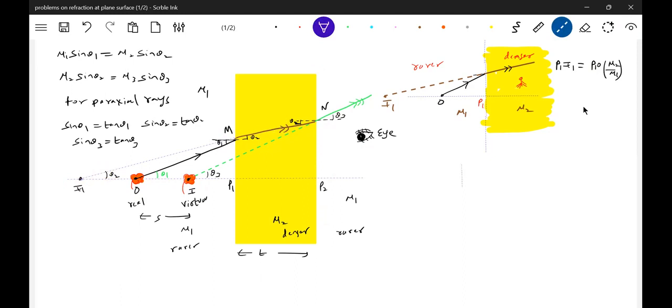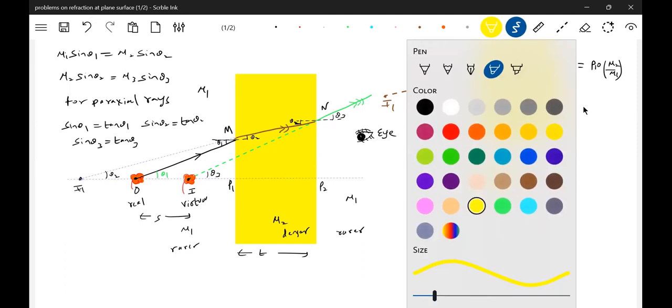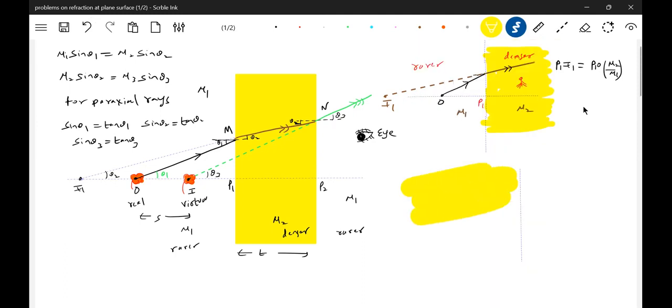Please try to understand, this will really help you a lot. Though I1 is in the rarer medium, for the eyes it is as if the rays are coming from the medium of refractive index mu2.